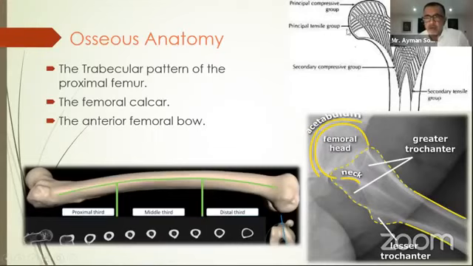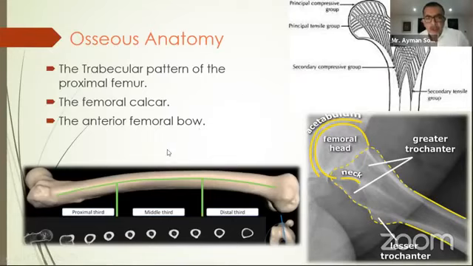The tensile group, with a primary and secondary group, stretches across the neck of the femur and is the main guard against fractures. The main implication of this is that if you are accessing the medullary cavity from within, bear in mind that normally the trabecular pattern can lead you to the piriformis fossa. Whether that's where you want to start or not, that's something different.